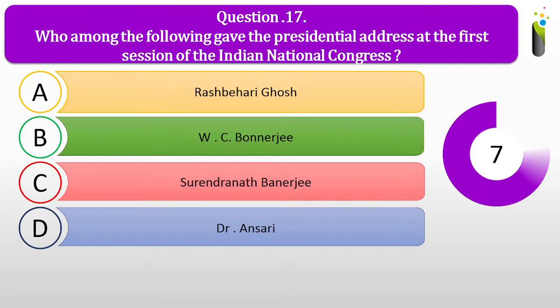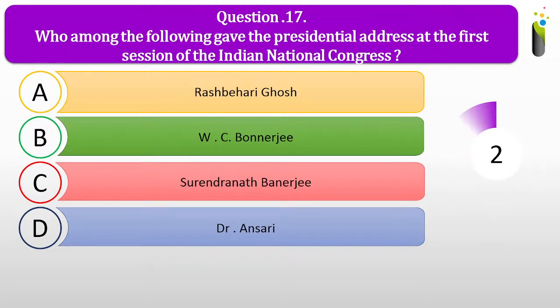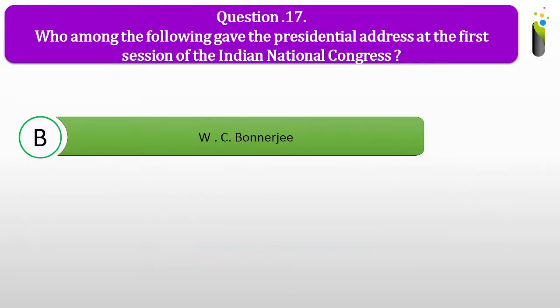So the presidential address at the first session of the Indian National Congress was given by W.C. Banerjee. Yes, Womesh Chandra Banerjee, correct.